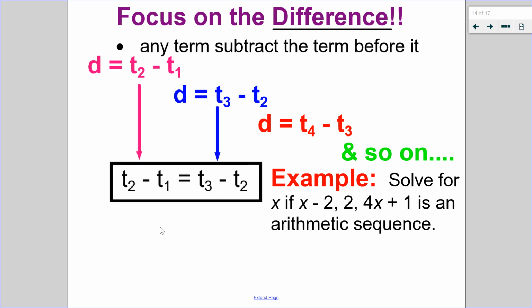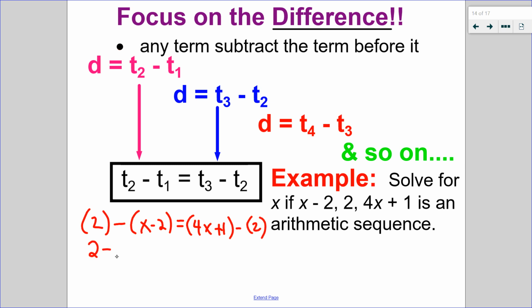So I can take the third term, take away the second term. That's the difference. And the second term, take away the first term, is also the difference. And I can put these all together just to solve for the difference. So second term is 2, take away first term, x minus 2, would be the same, because it's the difference, as the third term, 4x plus 1, subtract the second term, which is 2.